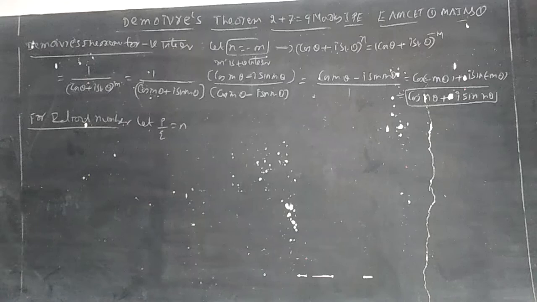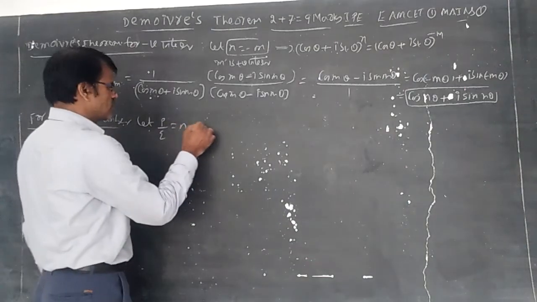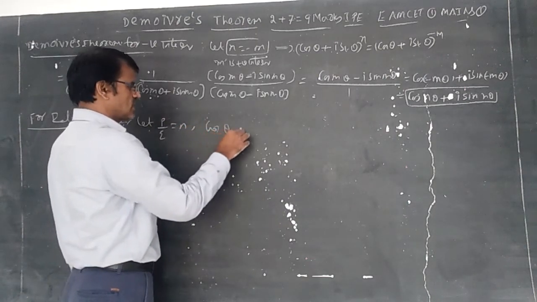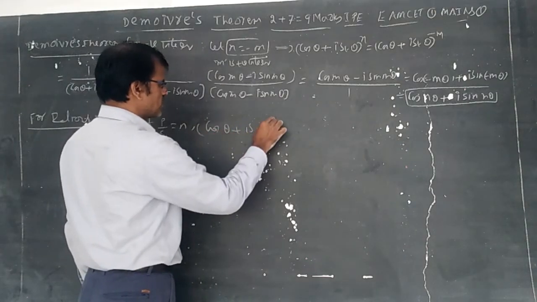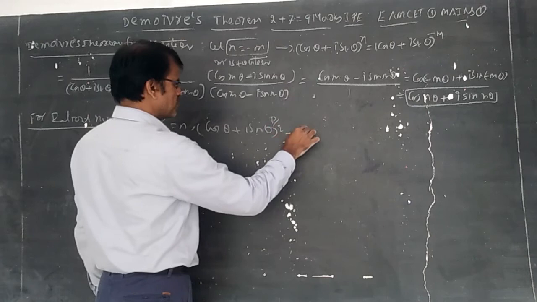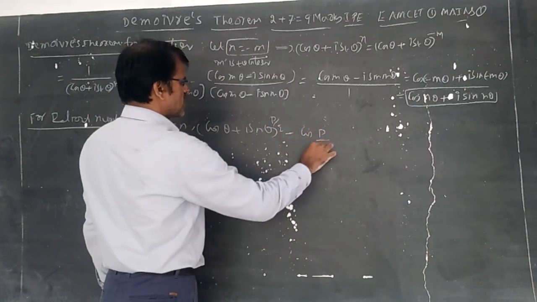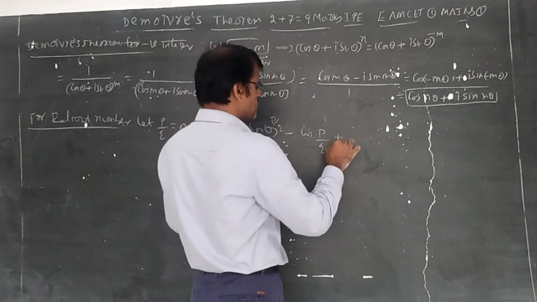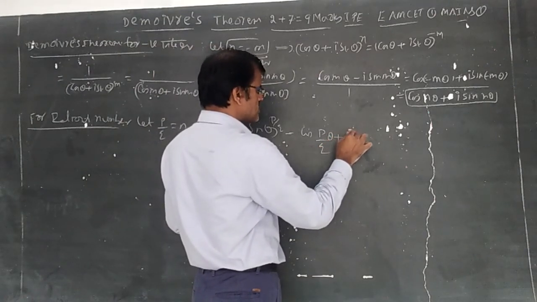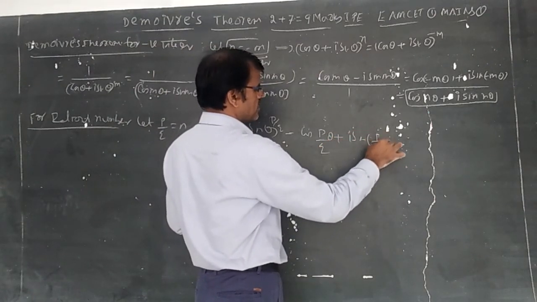Simply n is equal to p by q. So this is the qth root. Now I am writing (cos theta plus i sin theta) whole power p by q is equal to, taking n as p by q, cos of p by q theta plus i sin of p by q theta.